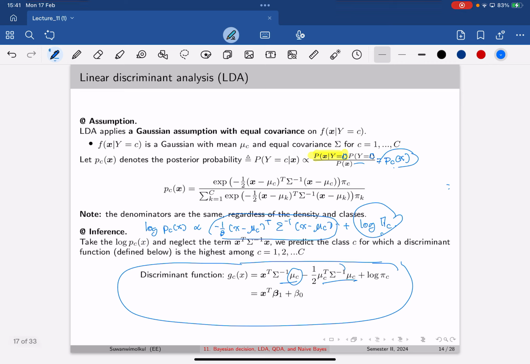And then you can also compute the covariance using some kind of sample variance. That's one way. But what is left over is the bias for the probability of Y being in a certain class.